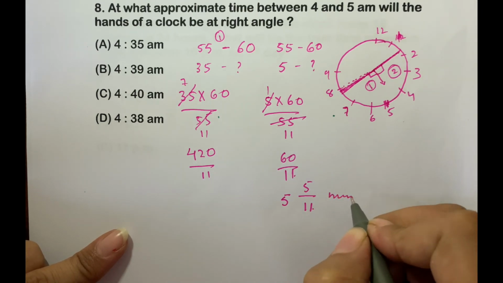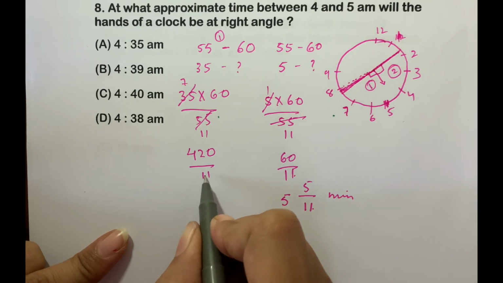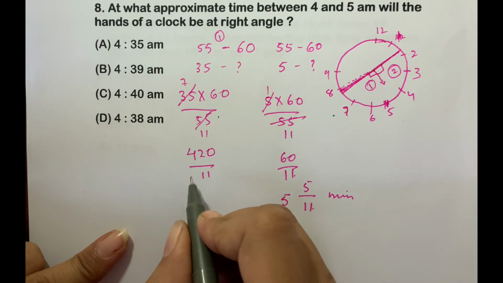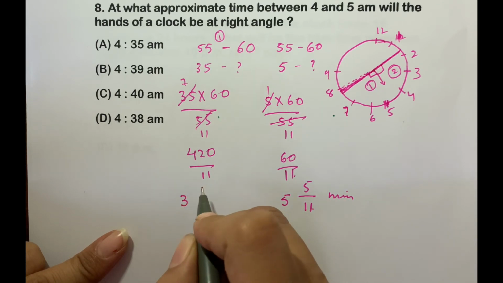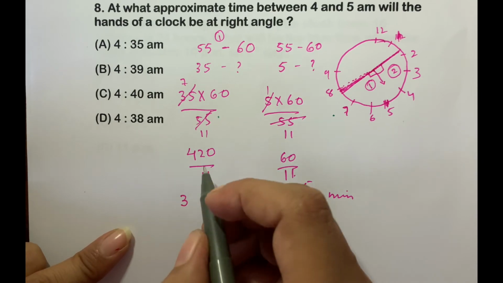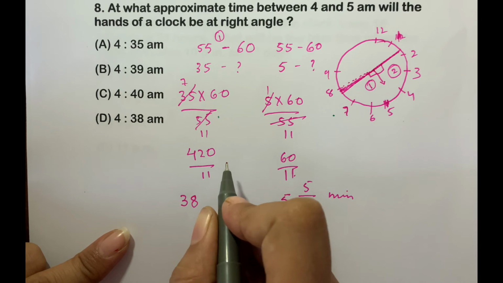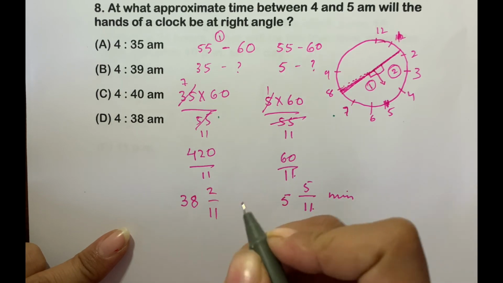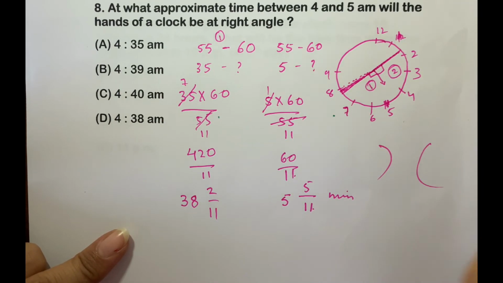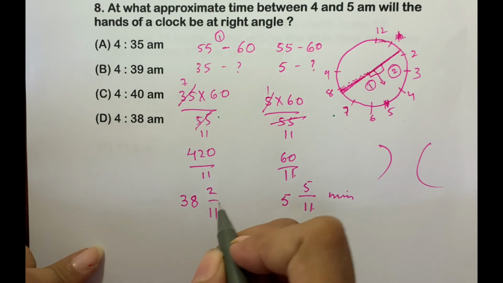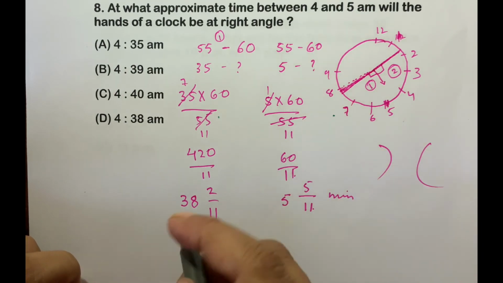And on this side, we can easily say 11 3s are 33. Okay, 33, how many? 9 remaining. Then 11 8s are 88. Then 2 remaining. 2 by 11. If you want, you can also put it this way and divide it. So I'm doing the calculations directly.